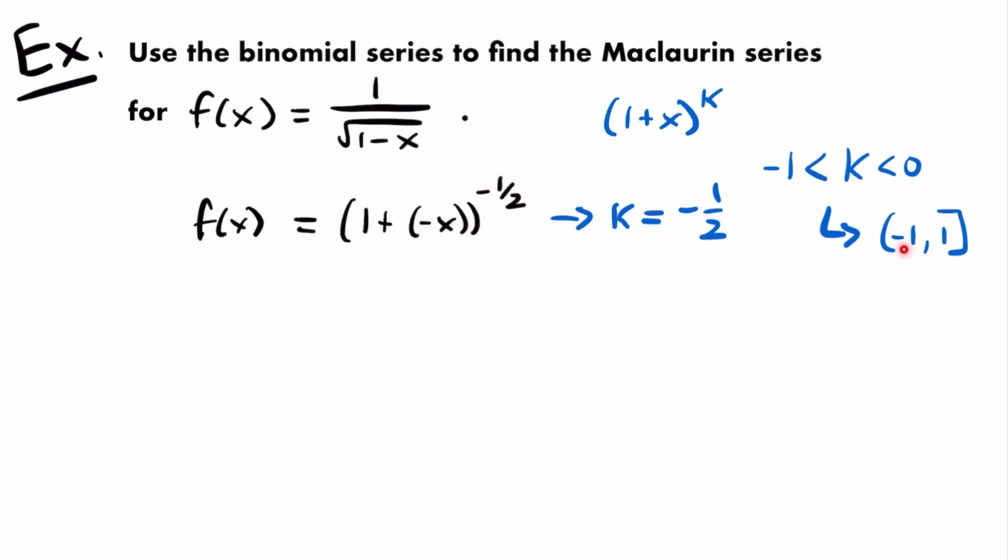And so what this interval of convergence is saying for this function is that when x is less than or equal to 1 but greater than -1, that the Maclaurin series for that function will be convergent. However, in this case, we don't have x in our function, we have -x. So to get our interval of convergence, we will need to replace this x with -x and then solve for x again and see how our interval of convergence will change.